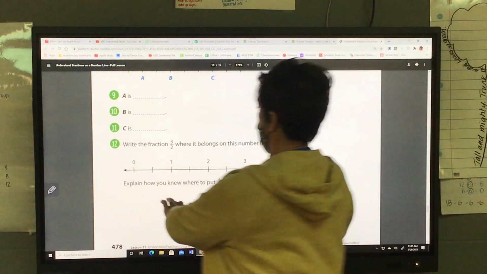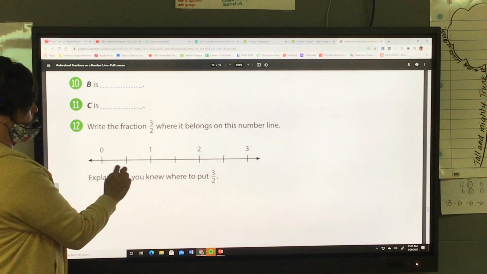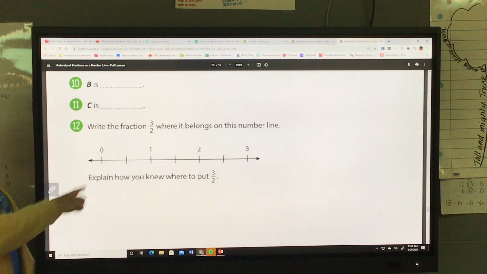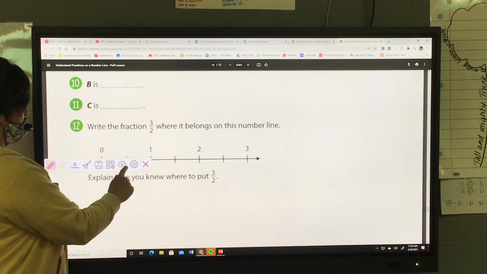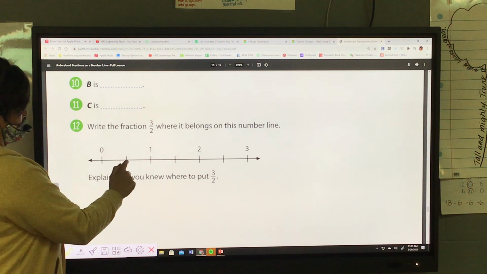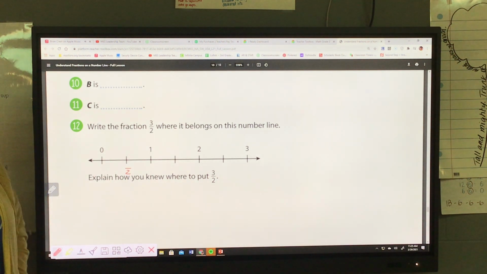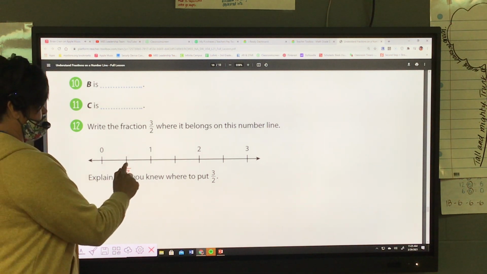Friends, if we look at this, from 0 to 1, how many equal parts are there? 2. So we know that our denominator for each of these is 2. So this one would be what? 1 half.